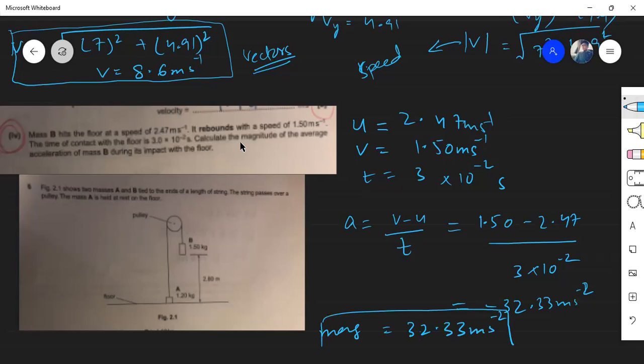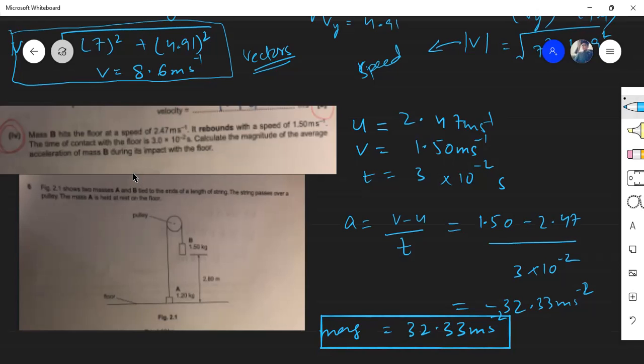This is your answer. Okay, can you just double check if I'm correct or not? I might be incorrect. The acceleration is 132 meters per second squared. 132? Oh, okay, 132.